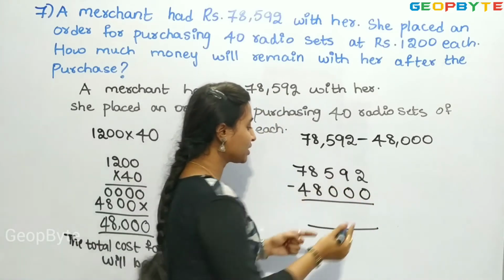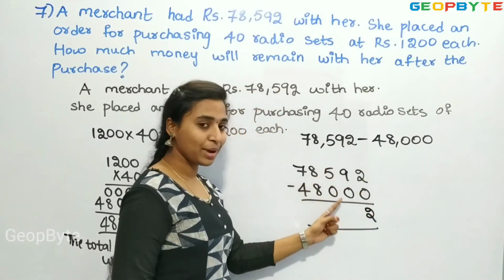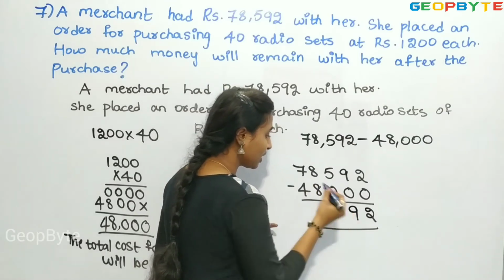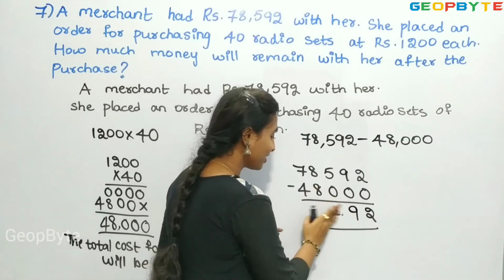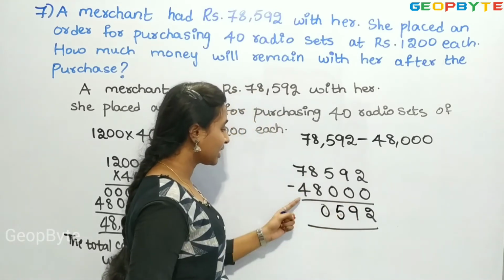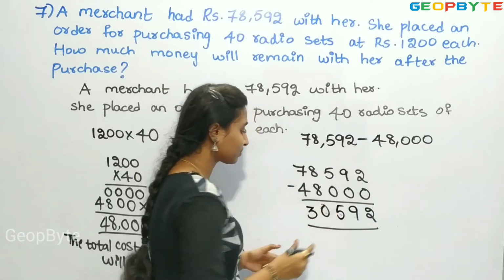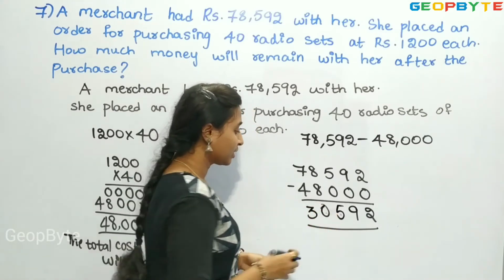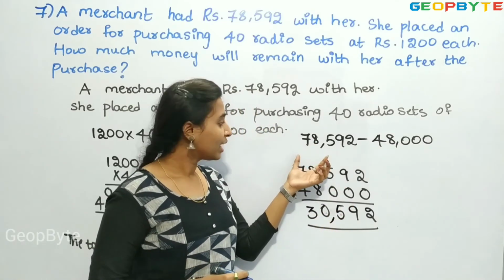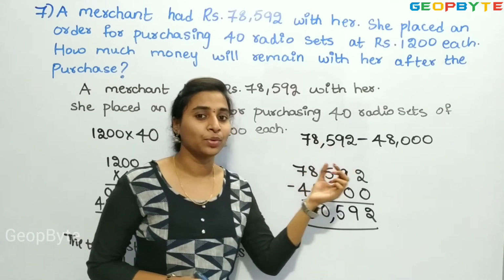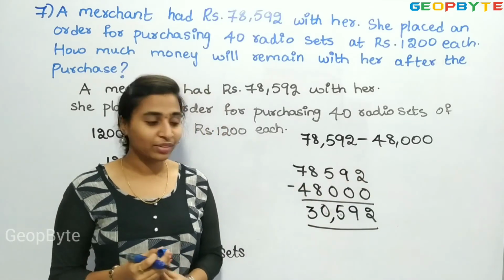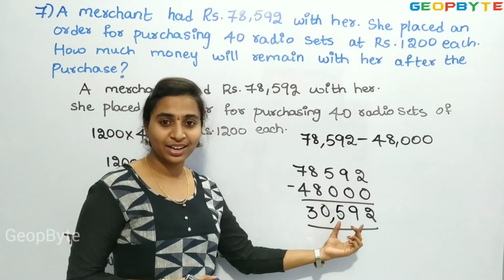Now 2 minus 0, 2. 9 minus 0, 9. 5 minus 0, 5. 8 minus 8, 0. 7 minus 4, 3. So we got 30,592. So the total amount with her is 78,592. If we subtract the cost of 40 radio sets, the money left over with her is 30,592.